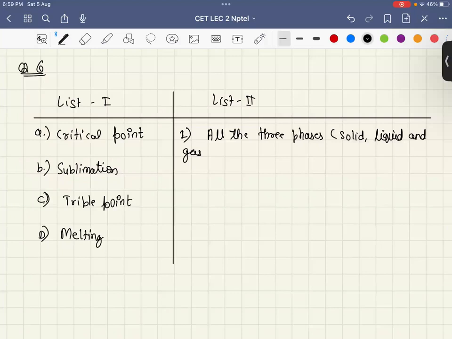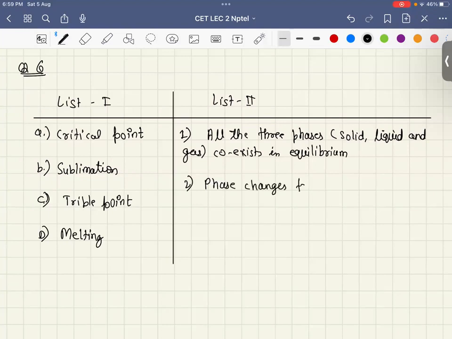In list 2, the first is: all the phases, that is solid, liquid, and gas, coexist in equilibrium. The second is: phase changes from solid to liquid.